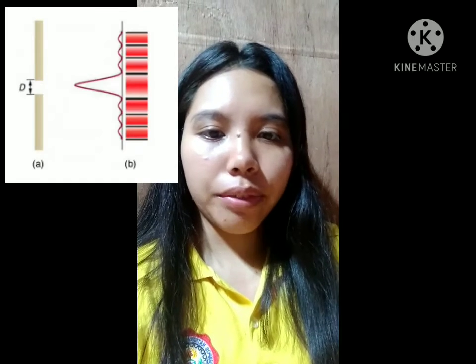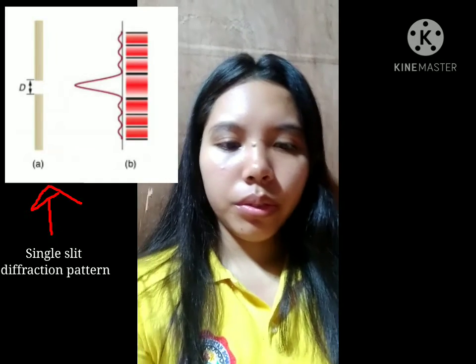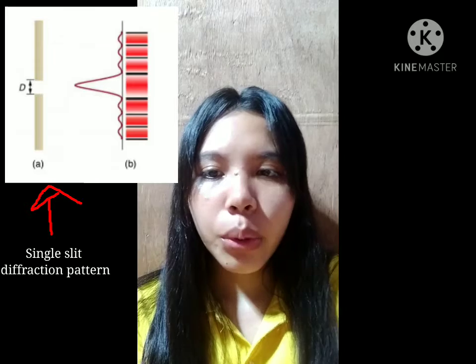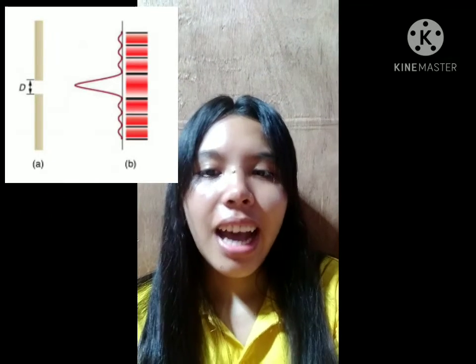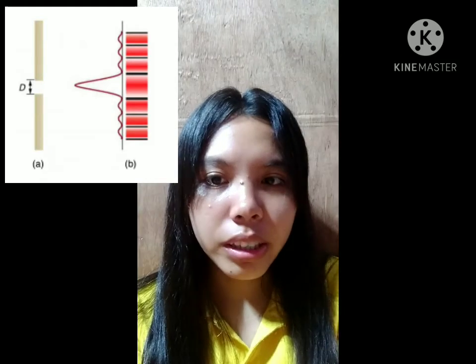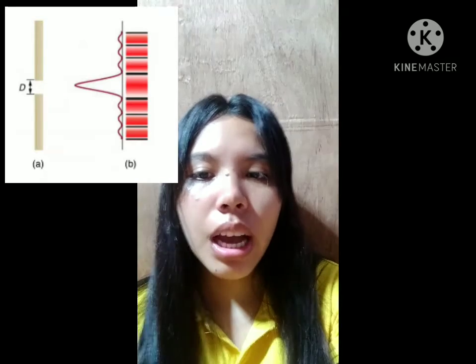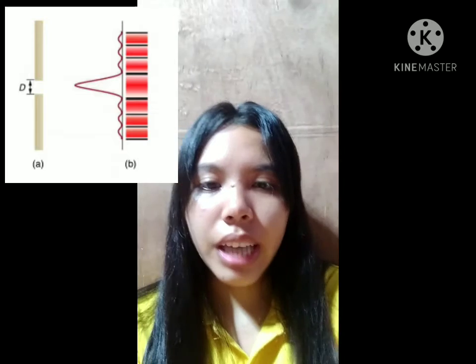Here is shown an example of single slit diffraction. This monochromatic light passing through the single slit has a central maximum and smaller, dimmer maxima on the other side.